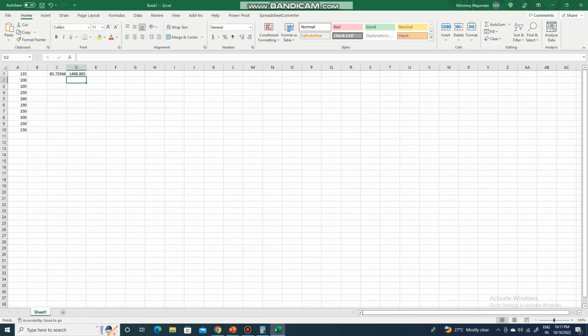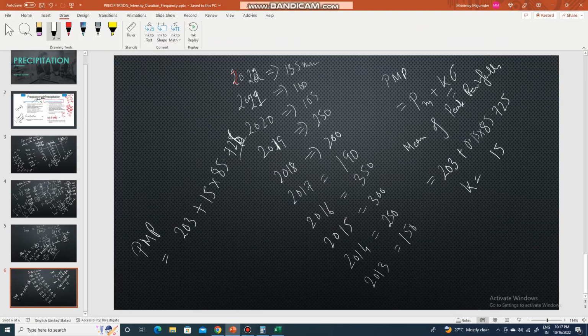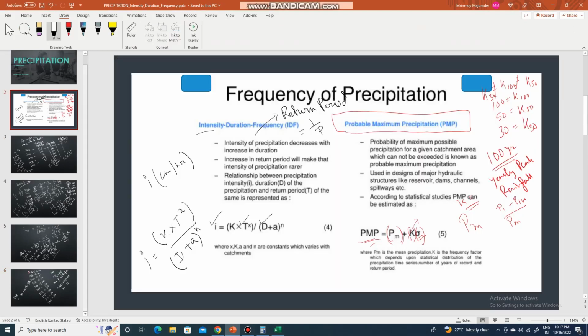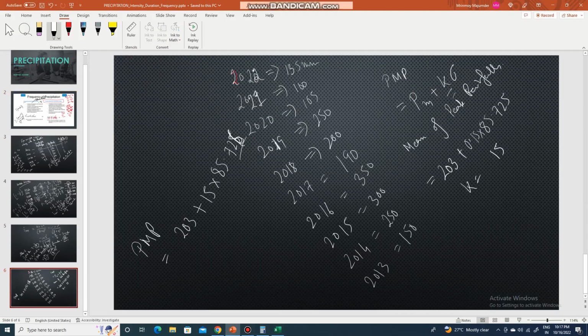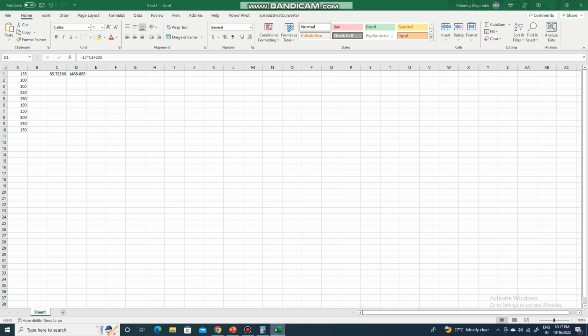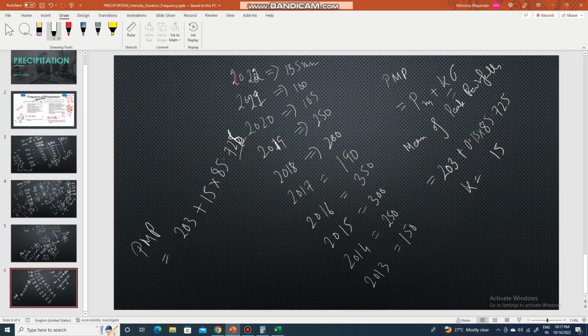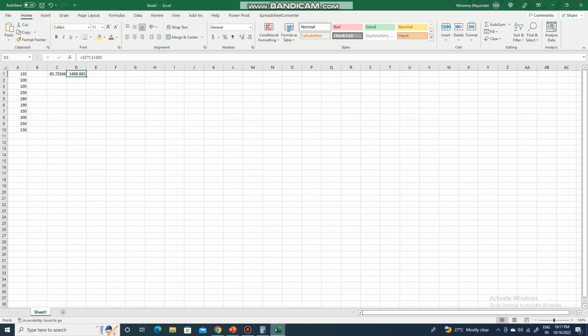So the probable maximum precipitation is coming here as 1488.885. So I can say it as 1488.89.